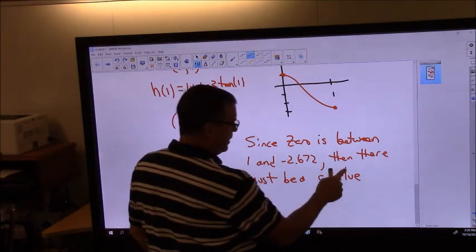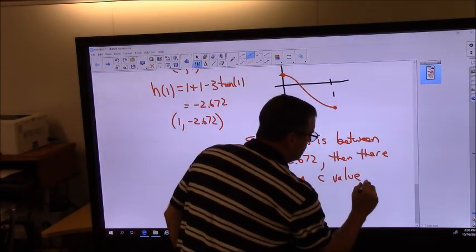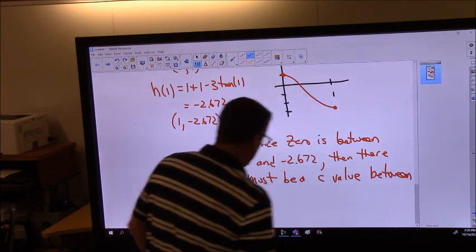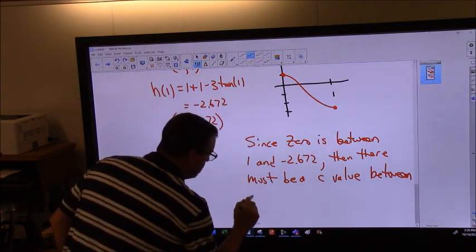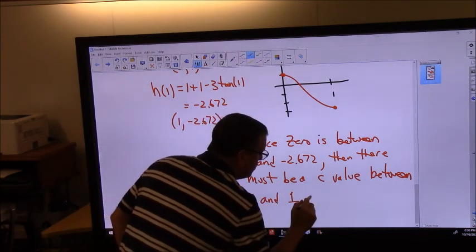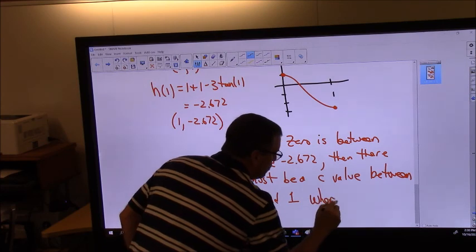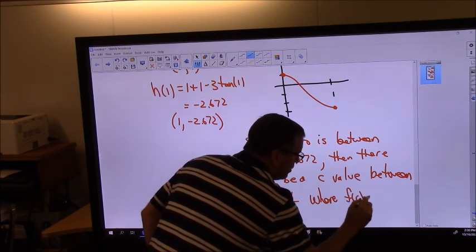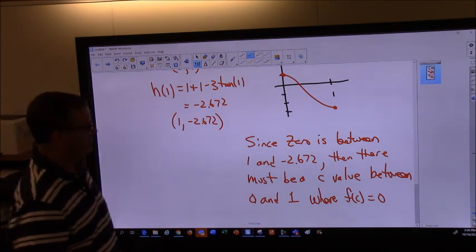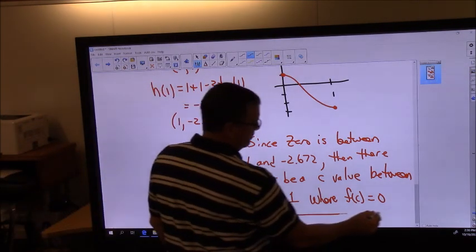There must be a C value between 0 and 1 where f of c equals 0. And that's what they're asking us to show. And so we've done that.